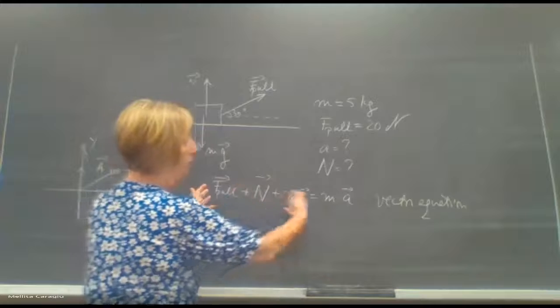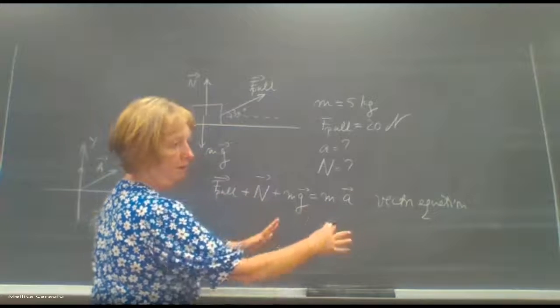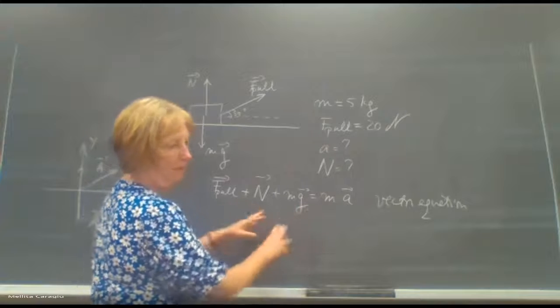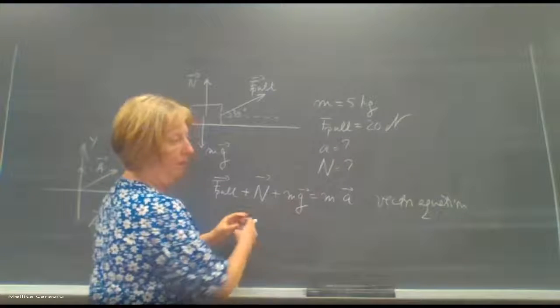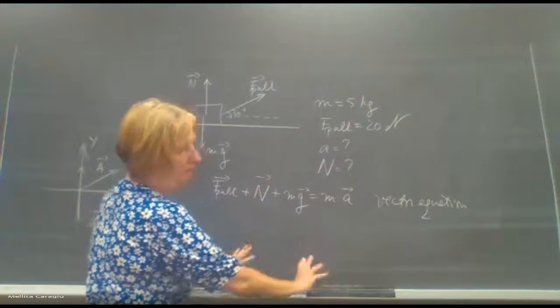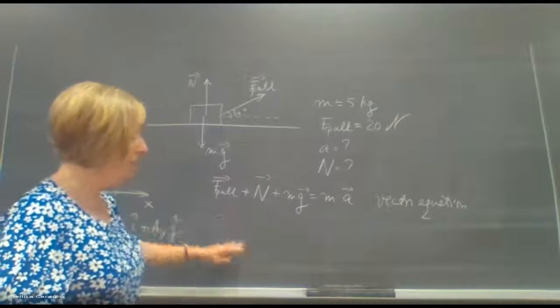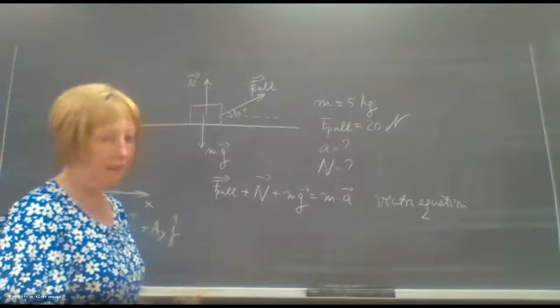So when all this is written in unit vector notation, all of the components which contain i hat can be separated, and all the components that contain j hat can be separated. And that's how we obtain the 2 scalar equations.